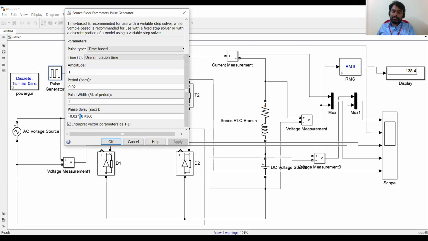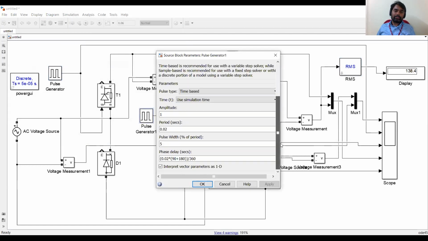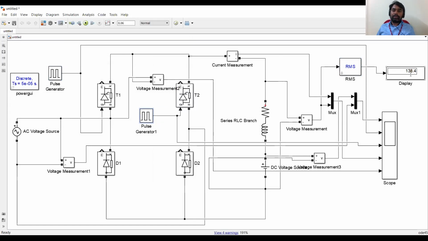Let me decrease this to 60. There should be some increment in the RMS output voltage, because the net area will increase if I decrease the firing angle alpha. It was 134, right? 138. Now I am getting 162 here, which was about 134 previously.